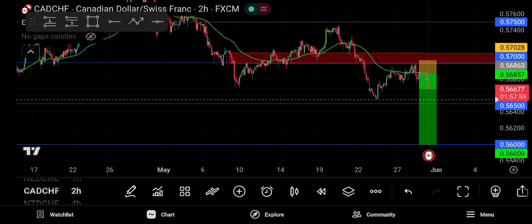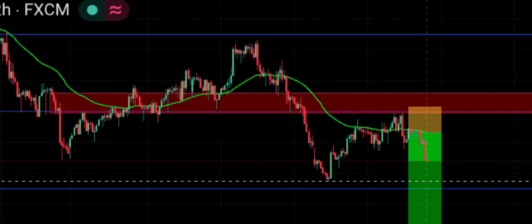These are the only four chart patterns I use. Normally I trade double top and head and shoulders for sells, and if it's a reversal, I go for inverse head and shoulders or double bottom.